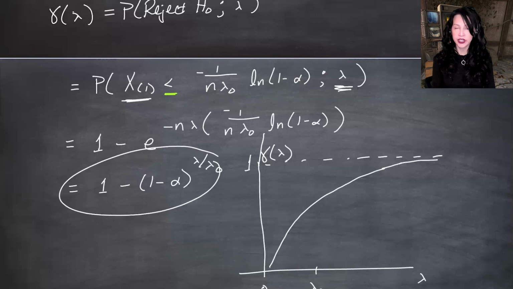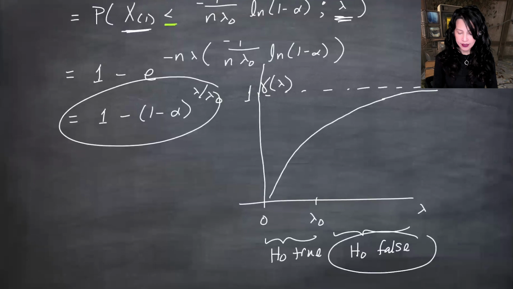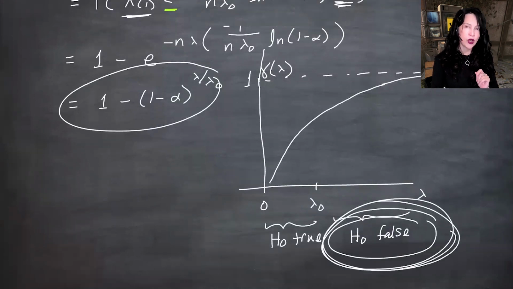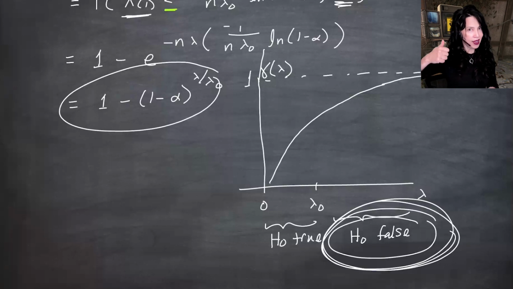And it's going to keep increasing. It's going to approach y equals 1 asymptotically. So what do we see here? We want to reject the null hypothesis with high probability if we should reject it, if it's false. So a power function for a good test should be up high in the region where the null hypothesis is false, and then lower in the region where the null hypothesis is true.